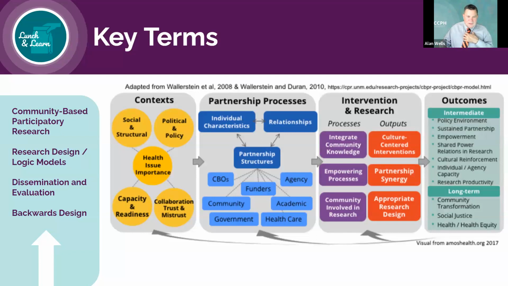So if we look at the process at our beginning, we'll be discussing culturally appropriate dissemination. This flow chart is a logic model that shows the process you go through to create a community-engaged, community-centered study. Pardon me for that, that's my timer. We're good on time. Next slide, please.